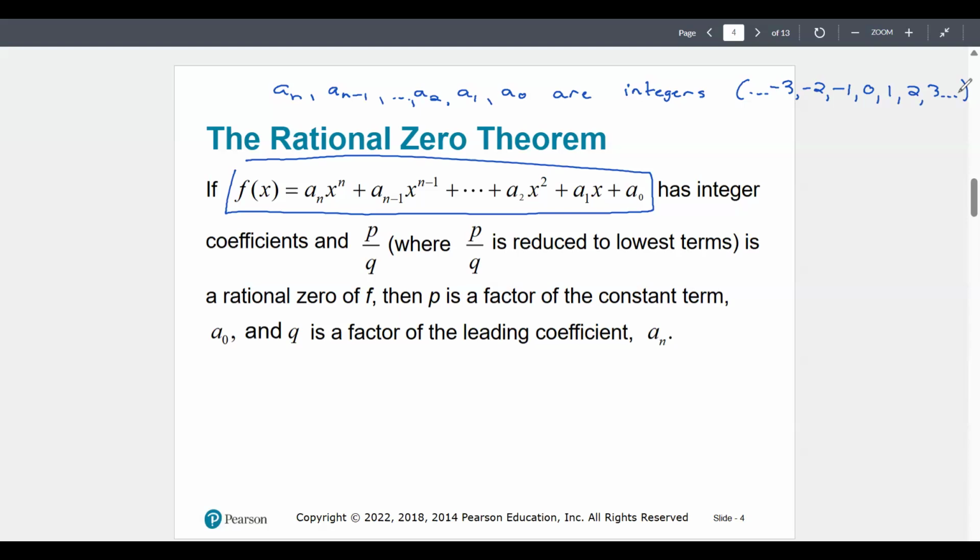Then P divided by Q, where P and Q are reduced to lowest terms, is a zero of f when P is a factor of the constant term, a naught, and Q is a factor of the leading term, a_n. So what we're saying is that we want to have P over Q. These are my potential zeros.